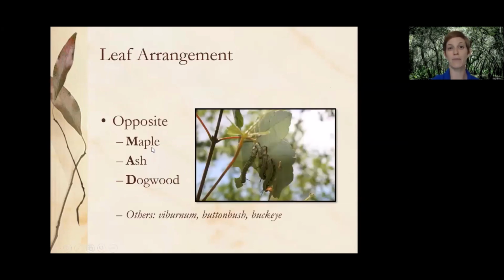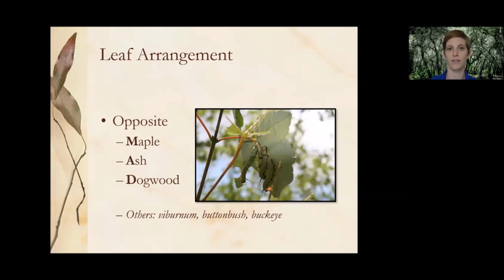So for remembering, if you see a tree with opposite leaf arrangement, you should be very grateful because that narrows down what species you're looking at quite significantly. Again, there's not always a catch-all rule with anything in science, but the acronym MAD stands for maple, ash, and dogwood. There's a variety of different maple species.